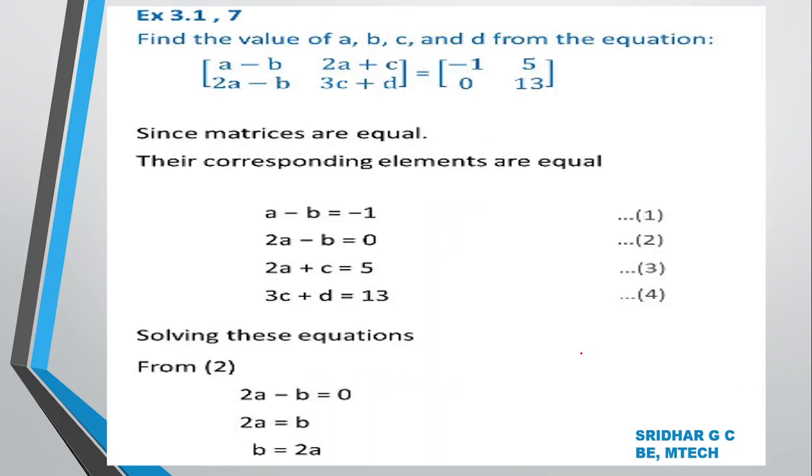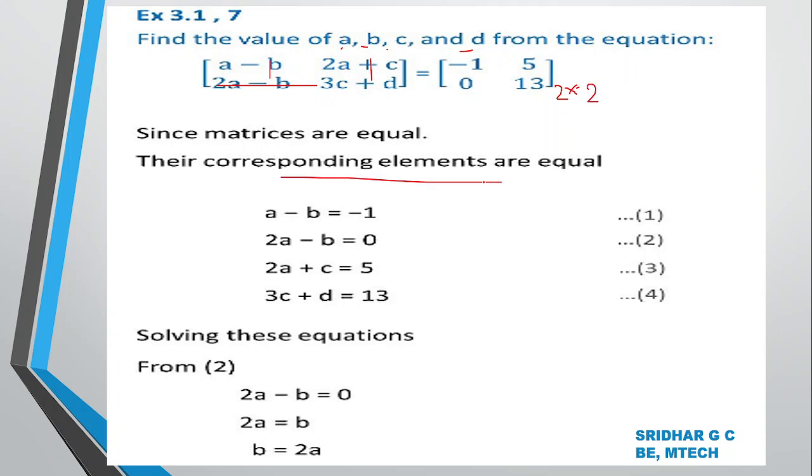Next, here we need to find the value of a, b, c and d from the equation. Same way, but you need to identify the order of the matrix. This has first row, second row, first column, second column. So that means order 2 cross 2. Here also 2 cross 2, same order.